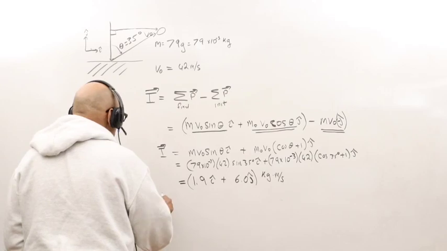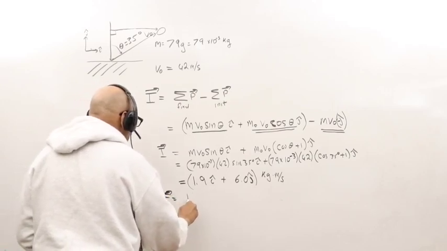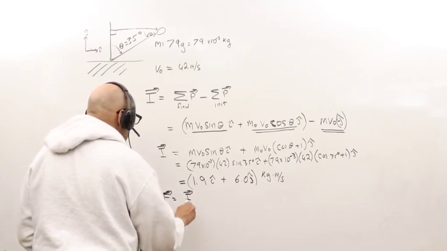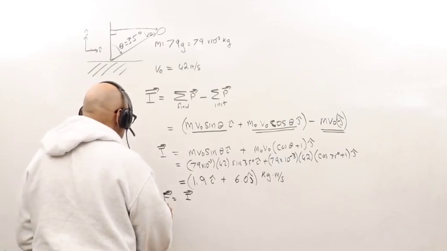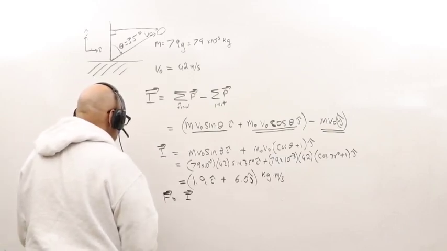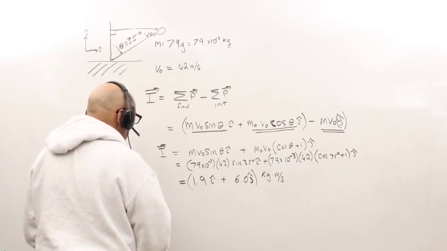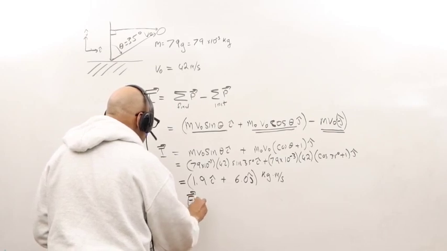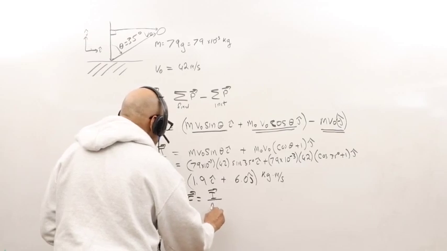So the force is equal to the impulse divided by delta t.